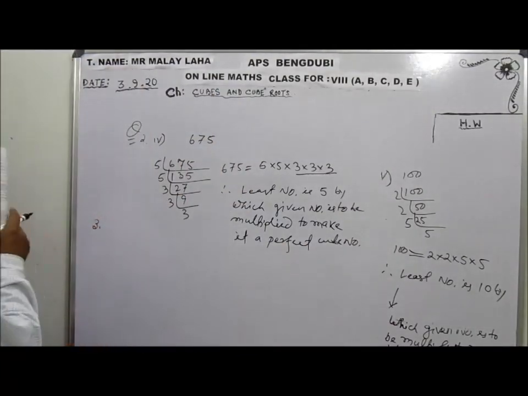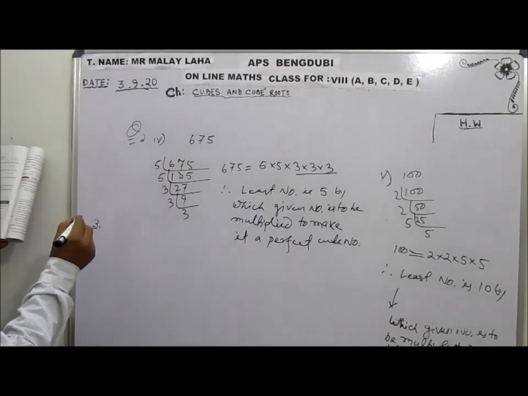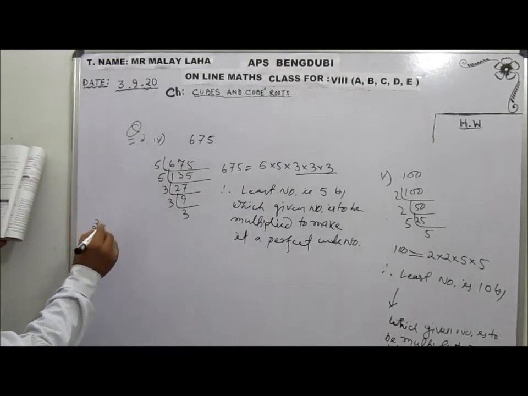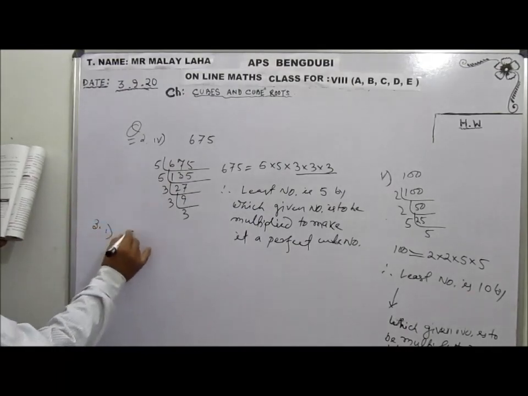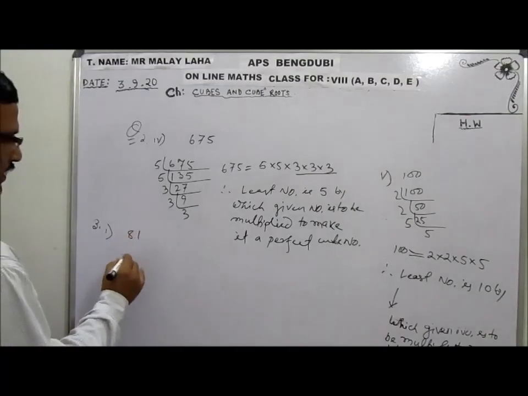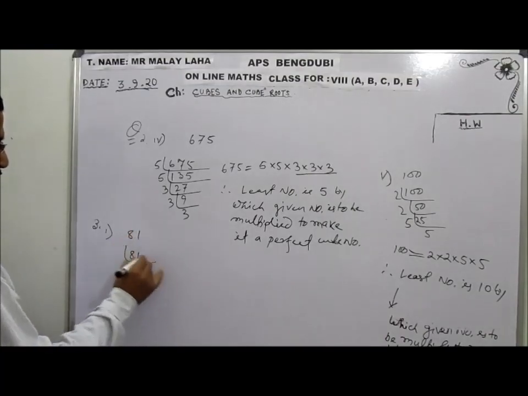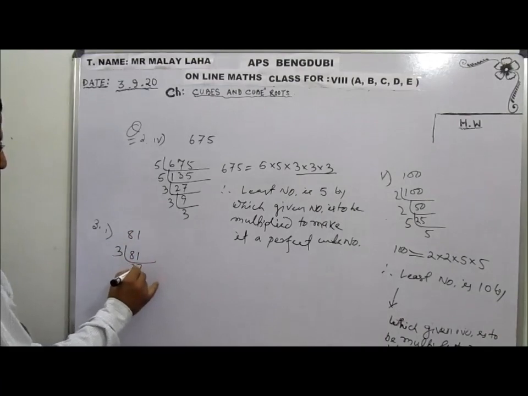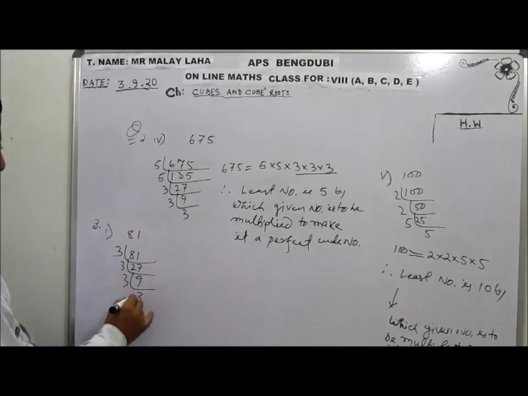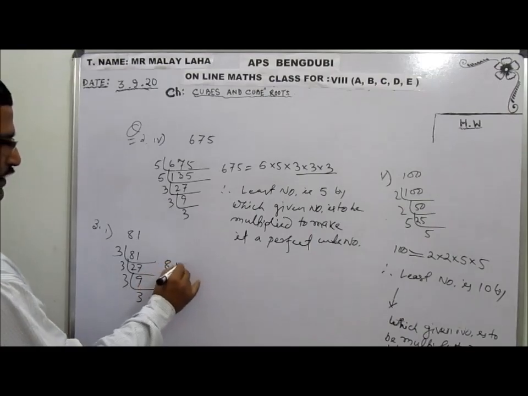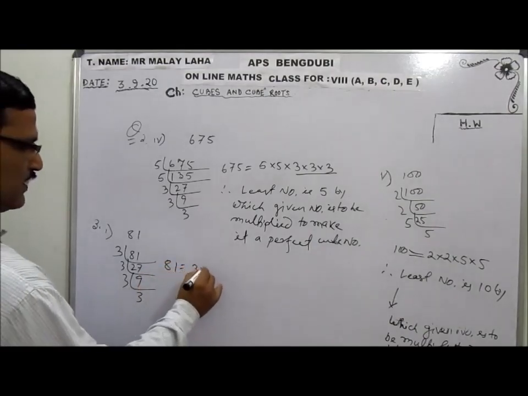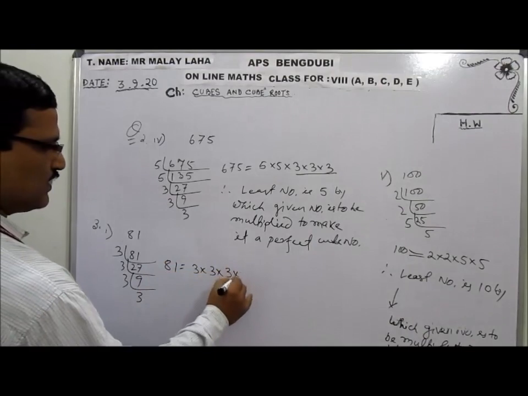So now, question number 3, 81. Factorize first. 81 is equal to 3 into 3 into 3 into 3.